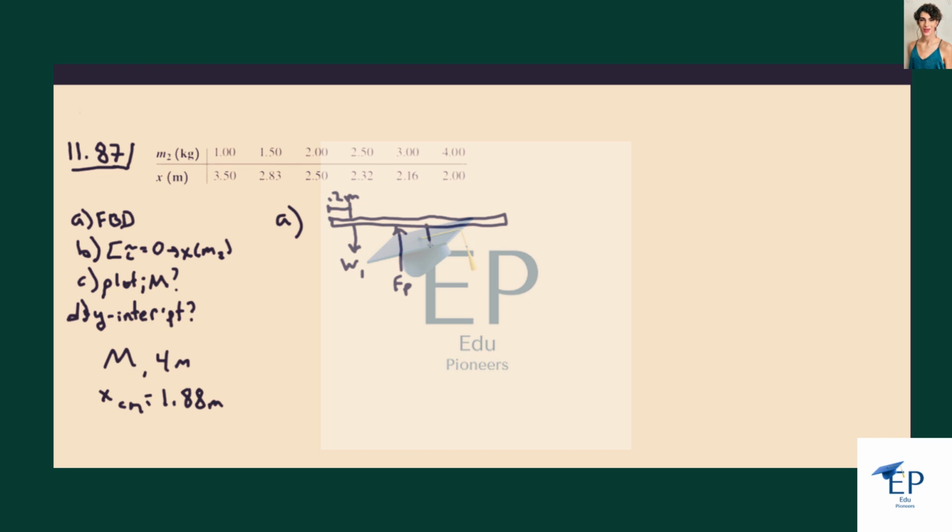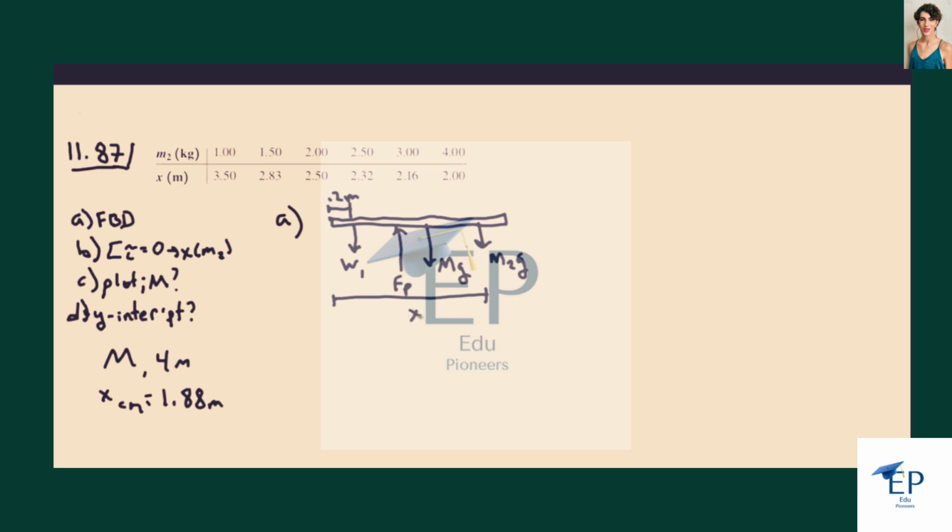The center of mass of the bar is over here at mg. It's 1.5 meters from the left-hand side for the pivot, and this is 1.88 meters. And then this is the second mass, and the distance from the left-hand side to the second mass is x.